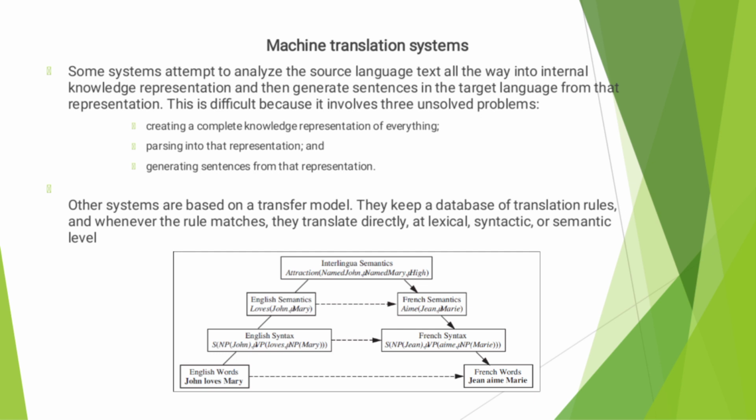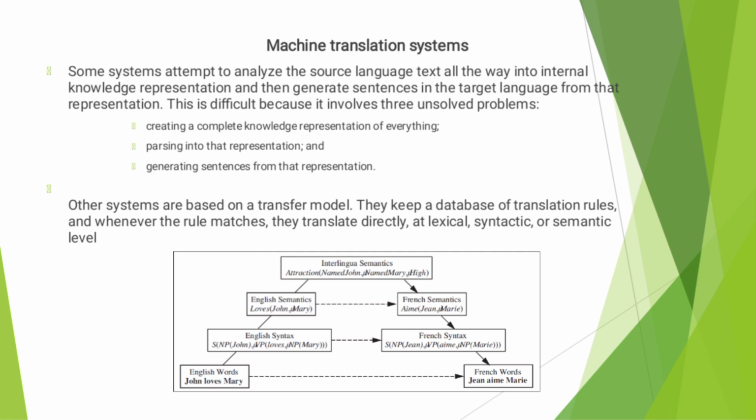Other systems are based on the transfer model, that is, they keep a distinction between the lexical, syntactic and semantic level models. Then they derive the sentences based on the lexical, syntactic and semantic levels.